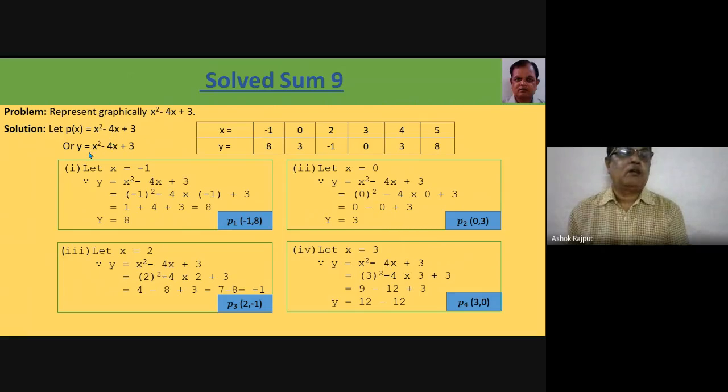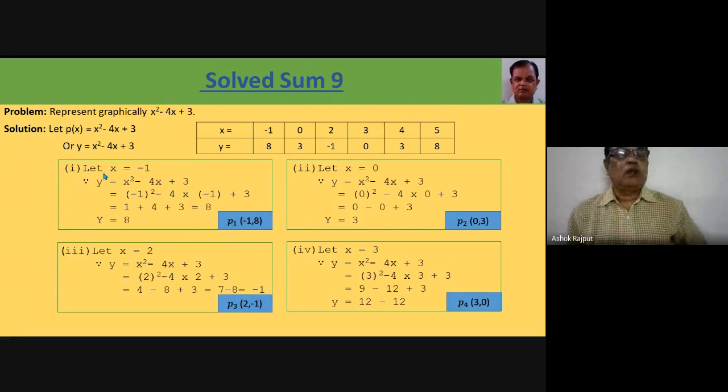We can write it this way: y equal to x square minus 4x plus 3, and we can let the values of x be minus 1, 0, 2, 3, 4, 5. You can take different values also, because it is not a hard and fast rule.